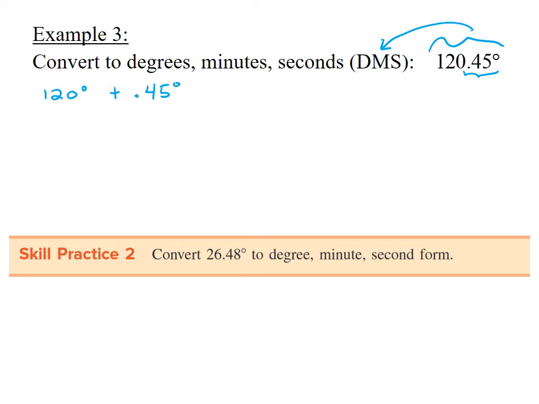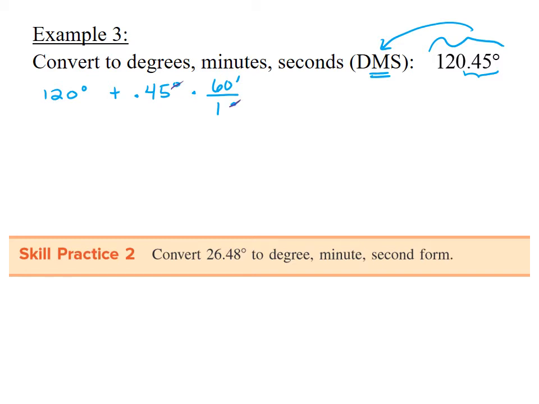But I need to figure out how to convert this decimal, or this portion of a degree, into degrees, minutes, seconds. Well, if I want to cancel out degrees, I know that I need degrees in the bottom. And I need to go to minutes next. So in 1 degree, there are 60 minutes. So these degrees will cancel out.